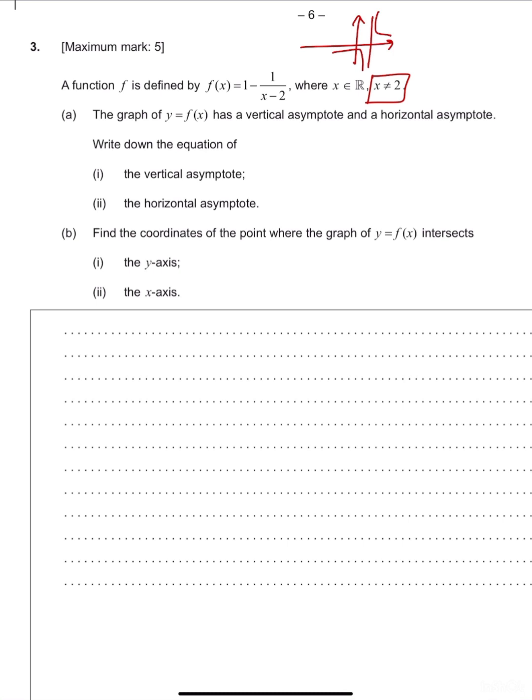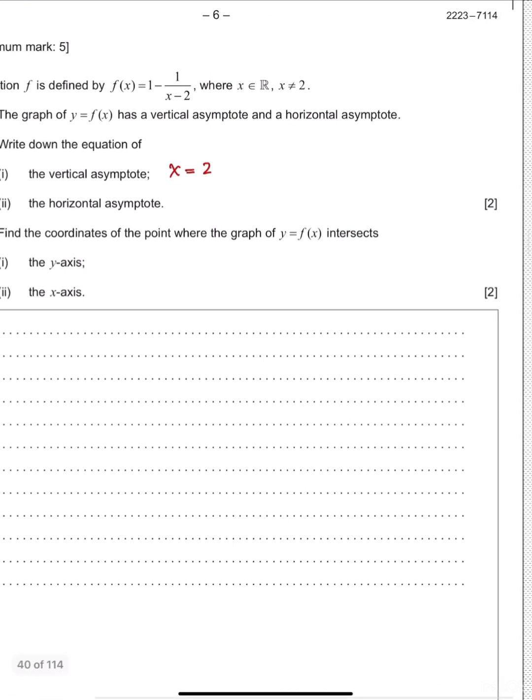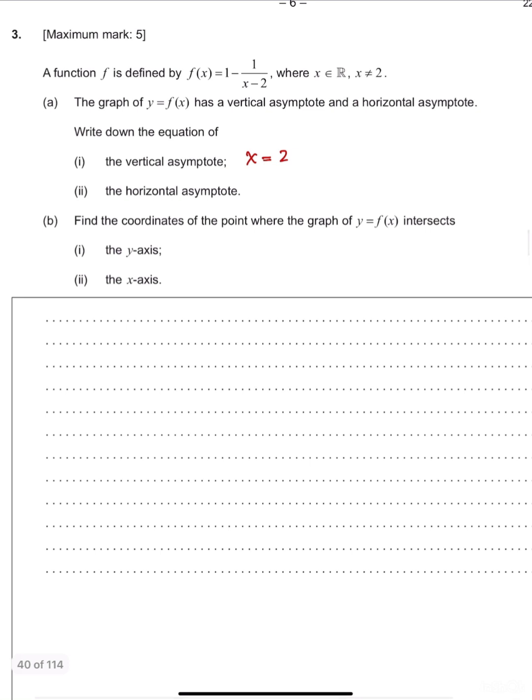Or, on the other hand, you can just consider the value that makes the denominator equal to 0 as the vertical asymptote. So when x equals 2, x minus 2 equals 0, so x equals 2 is the vertical asymptote.